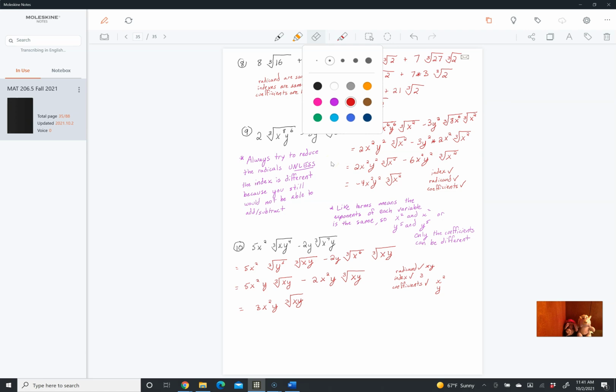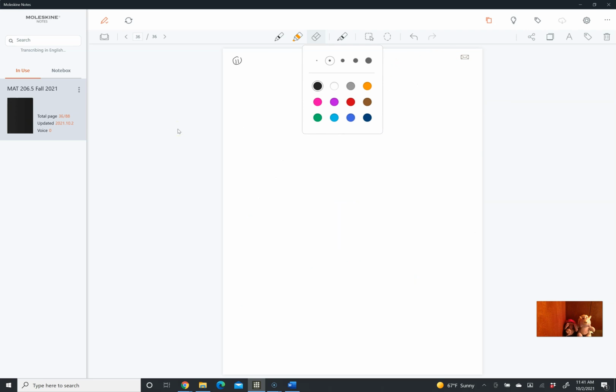Okay, let's do another one. Sorry, you can't see. 5a squared square root of 27ab cubed minus 6b square root of 12 a to the 5th b.